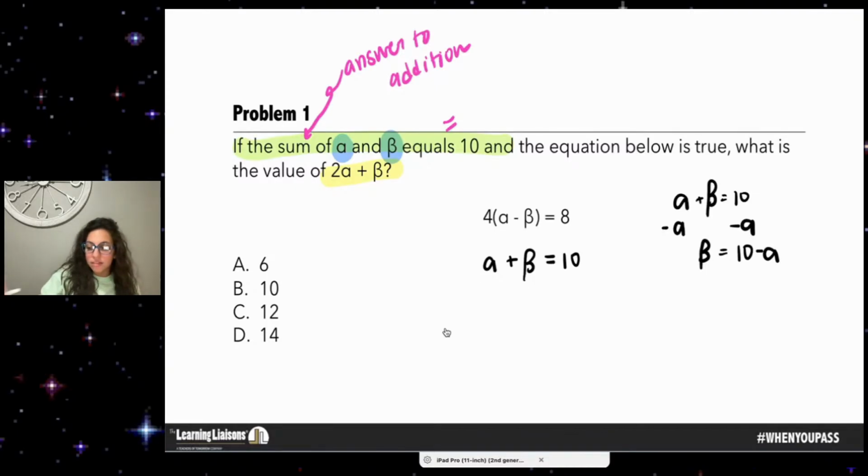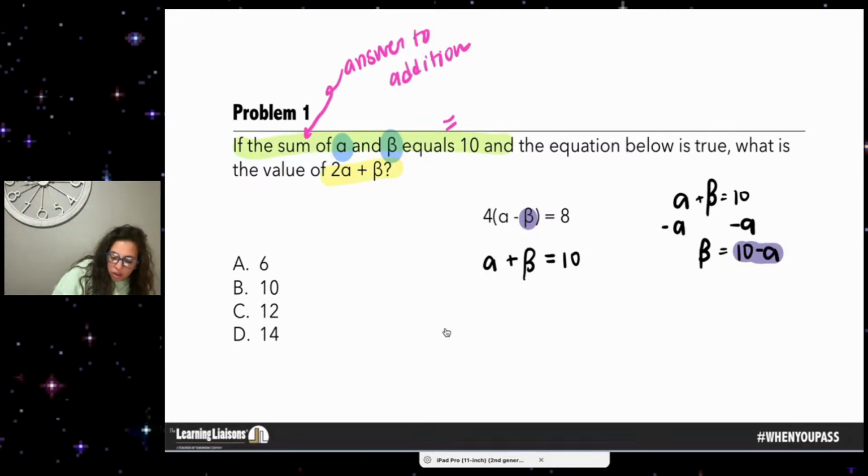Now that I have that, I can substitute this in literally for B, because B is the same thing as 10 minus A. That equal sign means the same as. So with that, I can literally take one out and put one in.